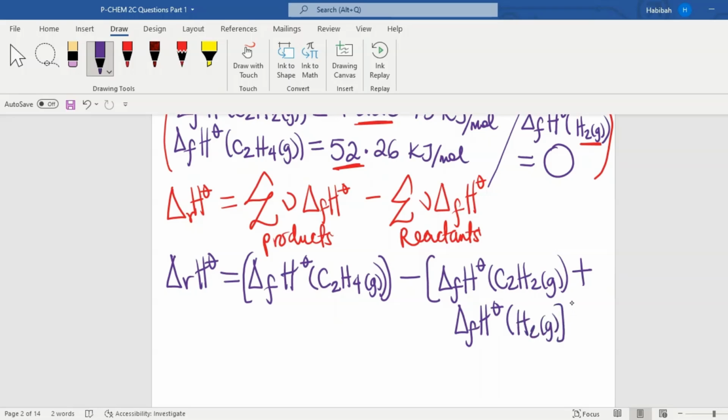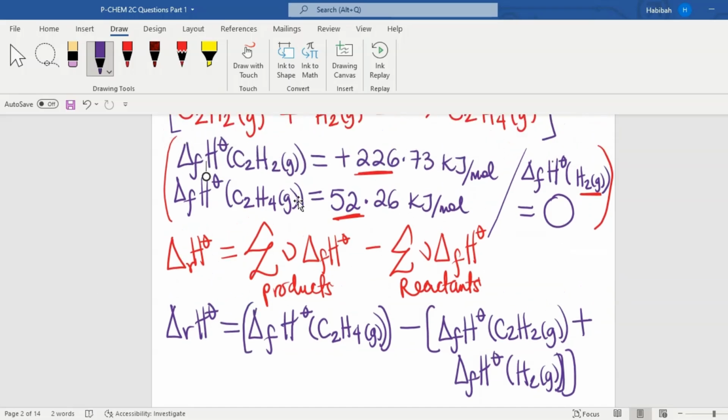So basically we translated the information up top and wrote it in terms of the question.